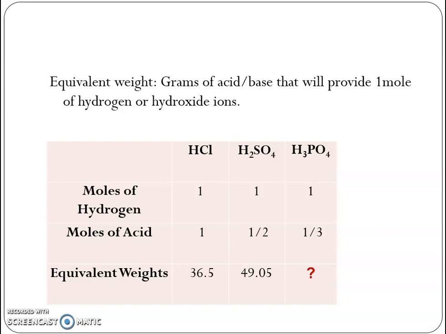Similarly, you can see H3PO4. Here 1 mole of phosphoric acid contains 3 moles of hydrogen. That is, 3 moles of hydrogen will be given by 1 mole of acid. So 1 mole of hydrogen will be given by 1 upon 3 moles of the acid.